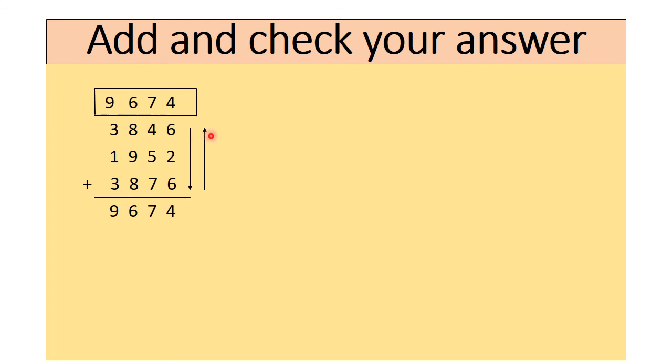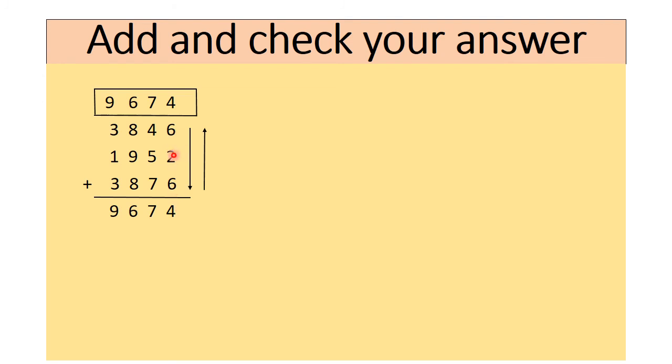Now you will be adding these digits upwards, and you will check whether the sum which you have got is correct or not. After putting the arrow going upside, you will make a box just above the addends, and now you are going to add them upwards. So in which direction? Upward direction.